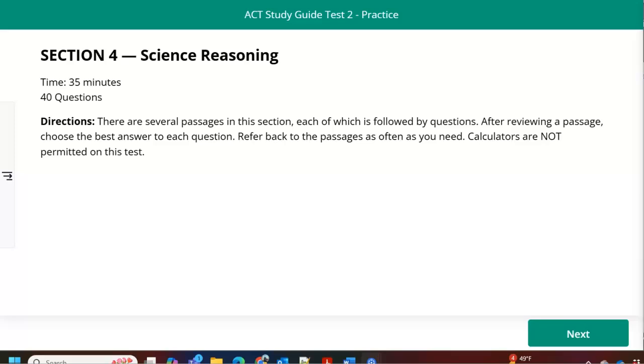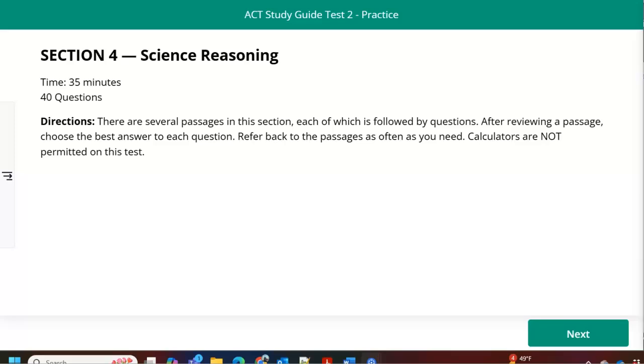Okay, well, before we get started, what can we say in general about the ACT science? It's at the end of the test, so you will not be at your freshest mentally, possibly. Although there is a break in the middle of the test. You get 35 minutes.